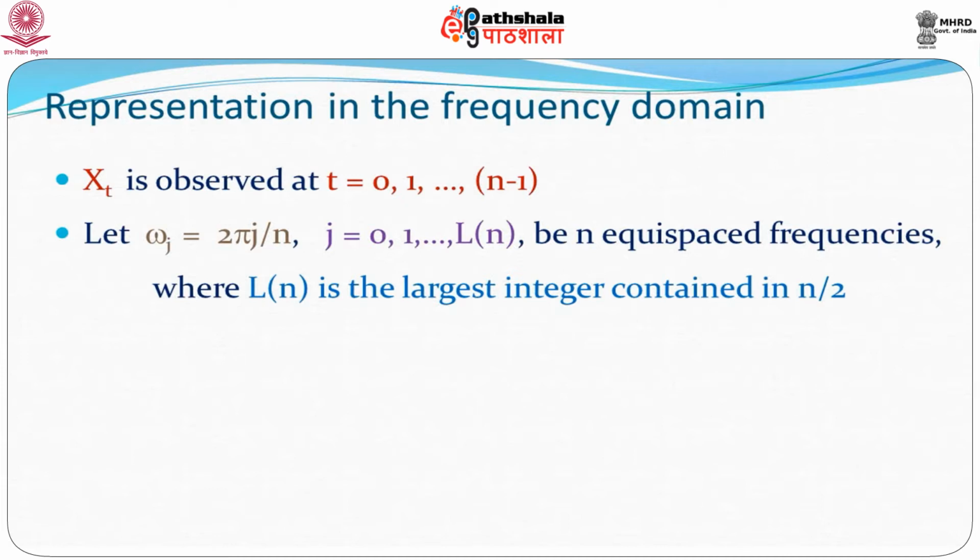Of course, the first one is 0, and you go on subsequently. So, they are equispaced frequencies.